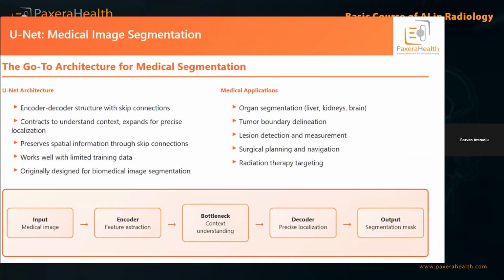One of the go-to architectures for medical segmentation, for example, is the UNet architecture. It is an encoder-decoder architecture with skip connections. And I will mention what a skip connection is, because that's very interesting. A skip connection passes activations from one layer directly to a later layer, bypassing one or more intermediate layers.